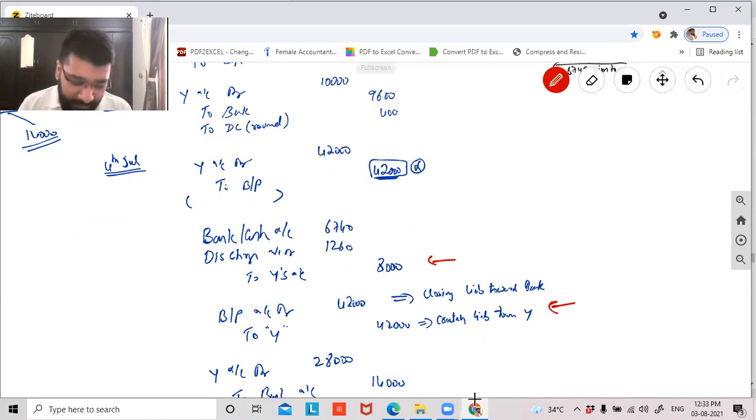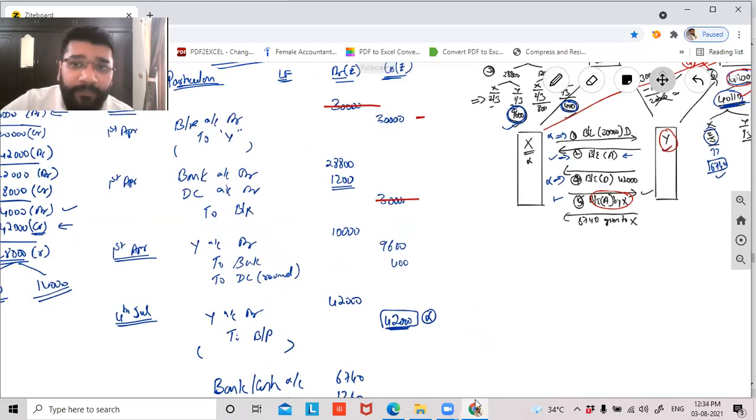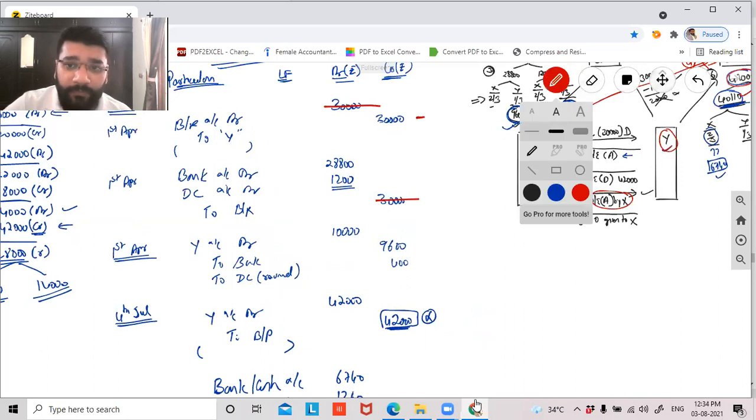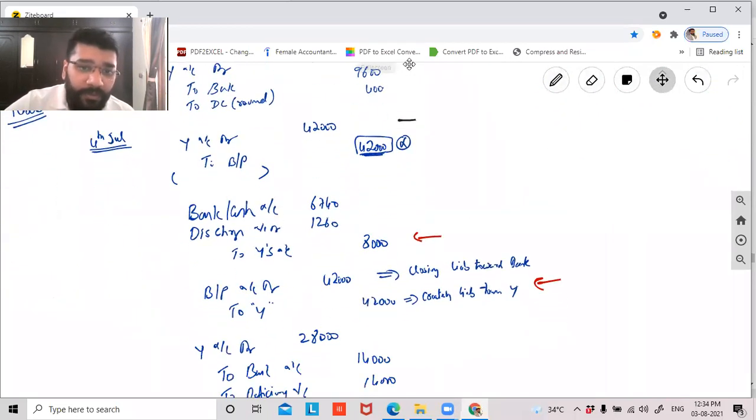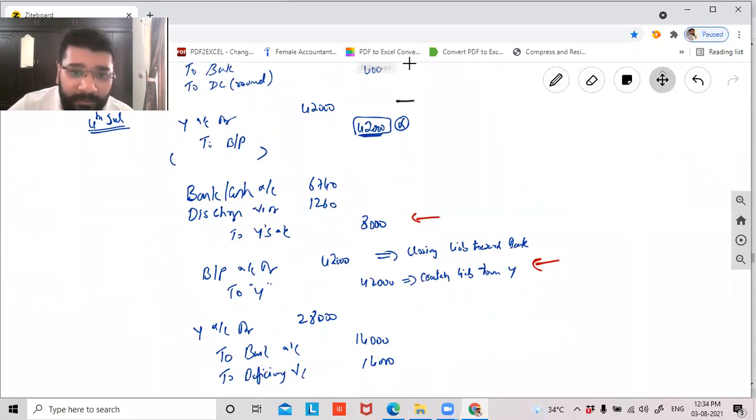So 30 plus 8 plus 42, 80,000 in credit. Now the same 80,000 should be in debit. 10,000 debit here, 42,000 debit here, and 28,000 debit here. So guys, 42,000 plus 28,000 plus 10,000.